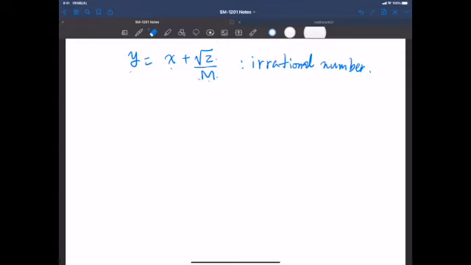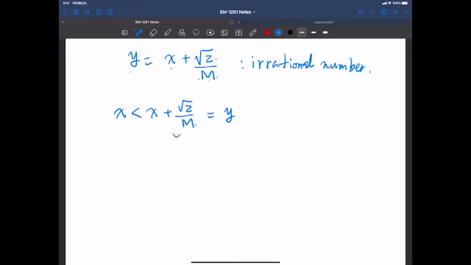Okay. Then we want to show that this y is between a and b. So x is less than x plus square root of 2 over m, which is y.